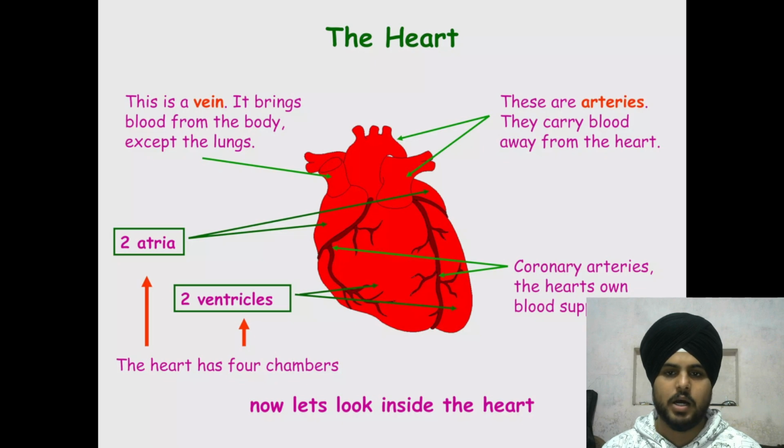Our heart has two atria and two ventricles, which means these are the chambers. The upper two chambers are called atria, and the bigger chambers are called ventricles. The heart has four chambers, as I've already said. This is a vein. See, it brings blood from the body except the lungs.